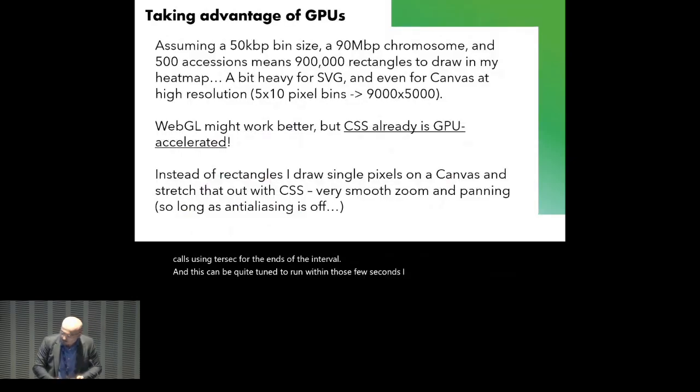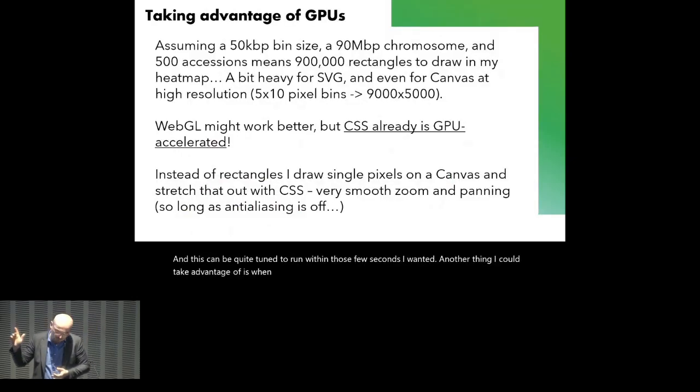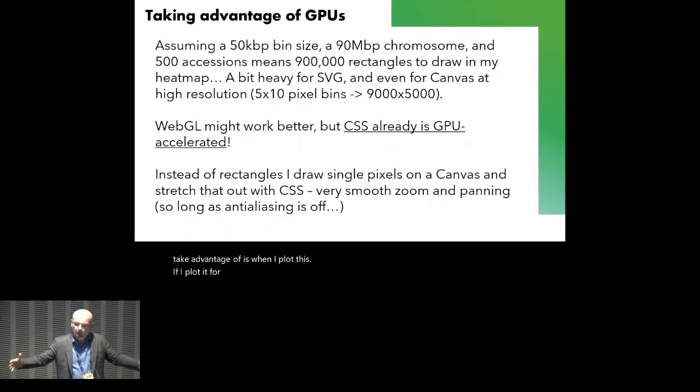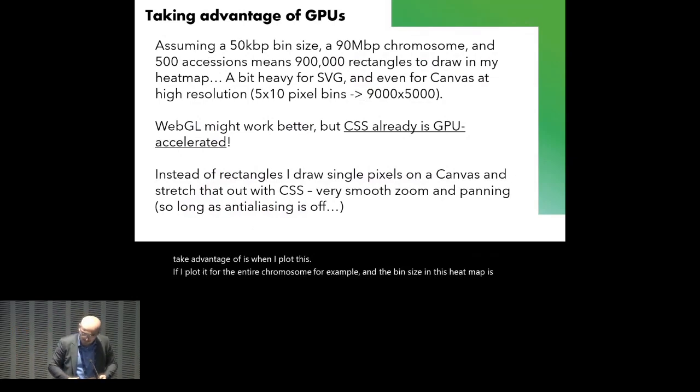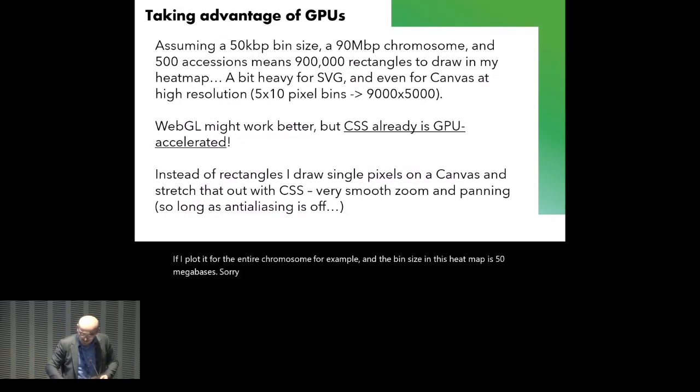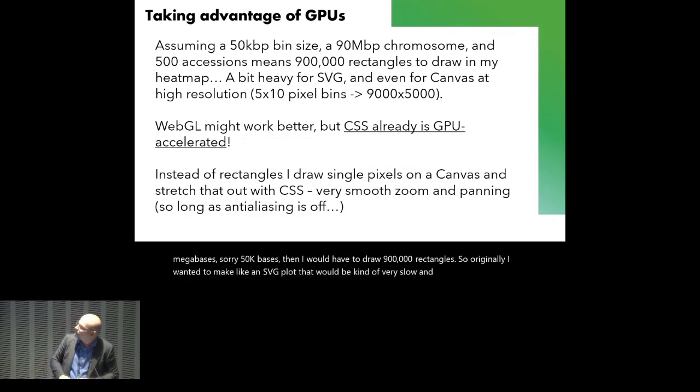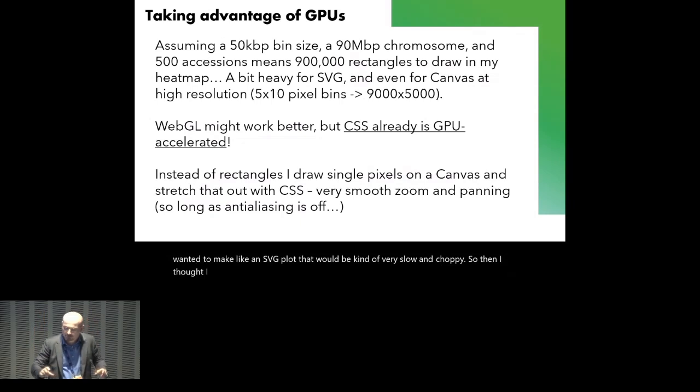And another thing I could take advantage of is when I plot this, if I plot it for the entire chromosome, for example, and the bin size in this heat map is 50 kilobases, then I would have to draw 900,000 rectangles. So originally I wanted to make an SVG plot, but that would be very slow and choppy. So then I thought I could maybe draw this in the canvas, and that's also quite slow.